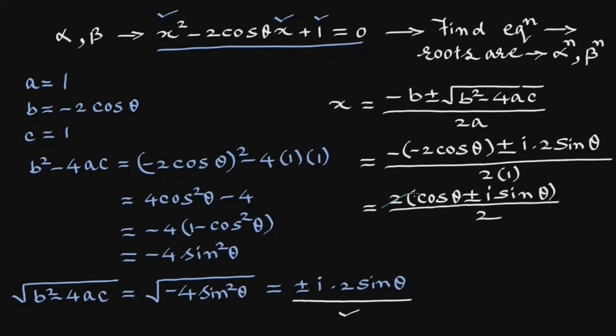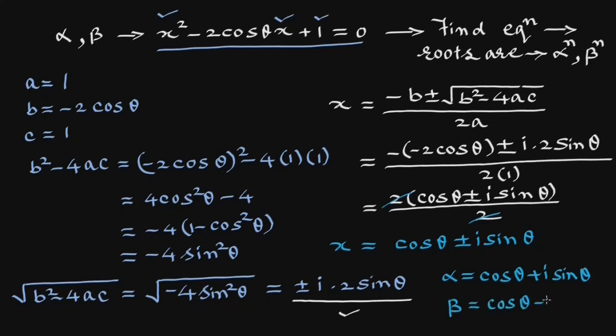This 2 gets cancelled and the roots that we get are cos theta plus minus i sin theta. Therefore, first root alpha will be cos theta plus i sin theta, and second root beta will be cos theta minus i sin theta.